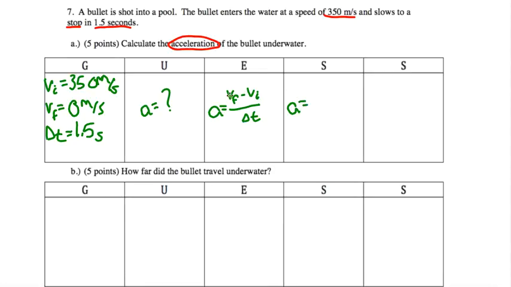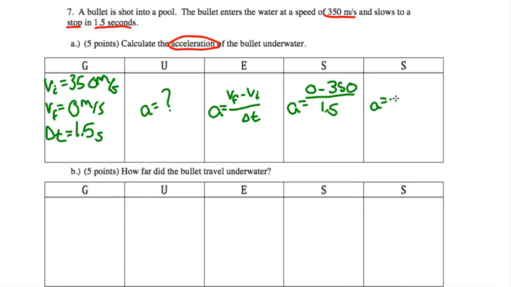Acceleration equals our velocity final, we said was 0, came to a stop, minus our velocity initial is 350, divided by the amount of time it took to stop, which was 1.5 seconds. Alright, the last step, simply to solve that. 0 minus 350 gives you that negative 350, divided by 1.5.